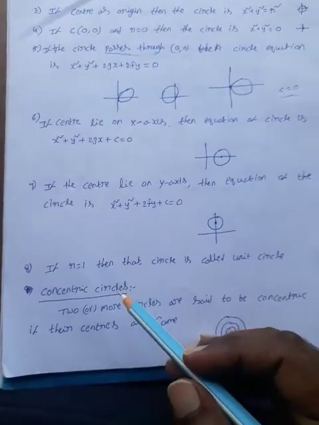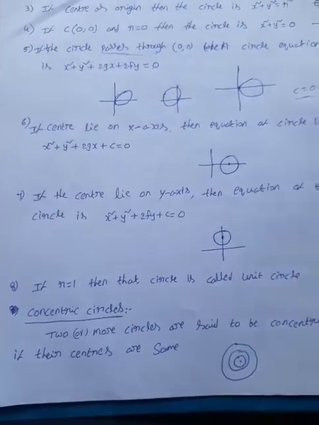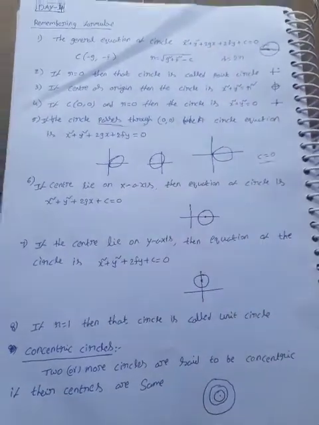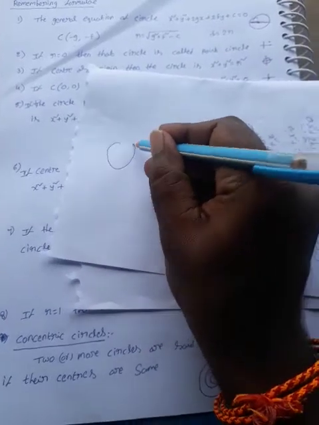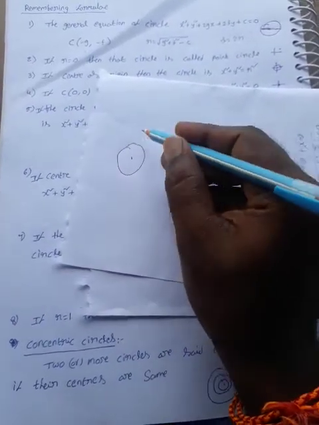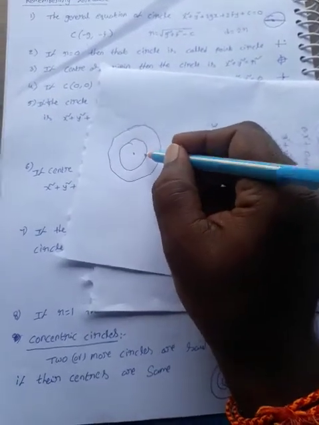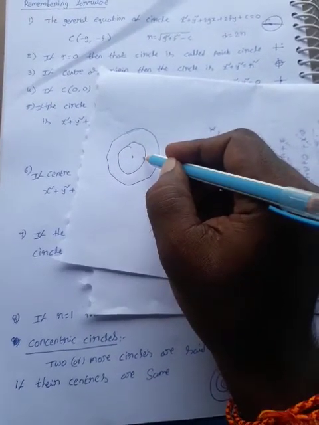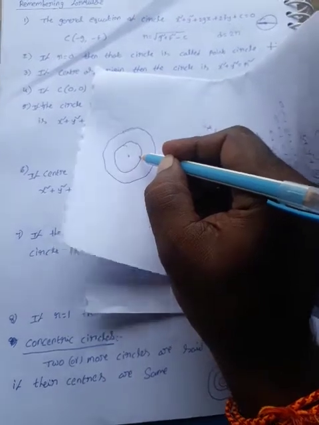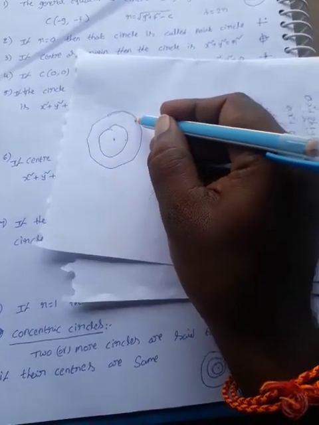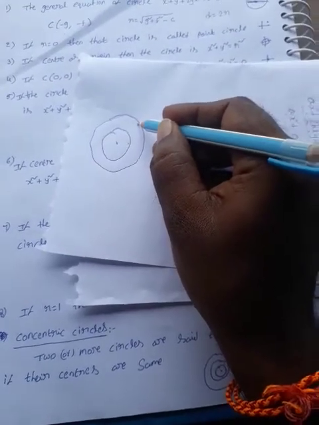Concentric circle, in mathematical words: the circle equation is x square plus y square plus 2gx plus 2fy plus c is equal to 0. This is the circle. Then the concentric circle equation would be x square plus y square plus 2gx plus 2fy plus k is equal to 0.